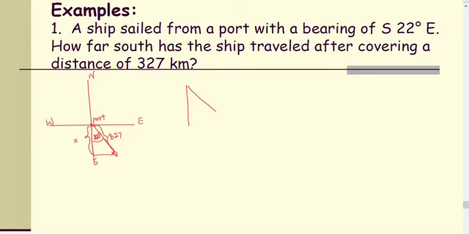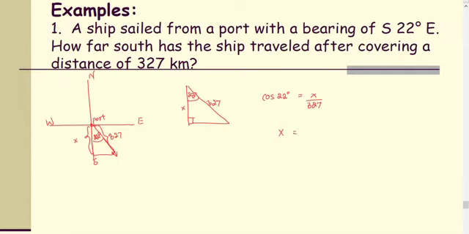Let's form the right triangle diagram: 22 degrees, x, and 327, with the right angle here. We have x as the adjacent and 327 as the hypotenuse. Use the definition to form the cosine of 22 degrees, which is the adjacent x divided by the hypotenuse 327.